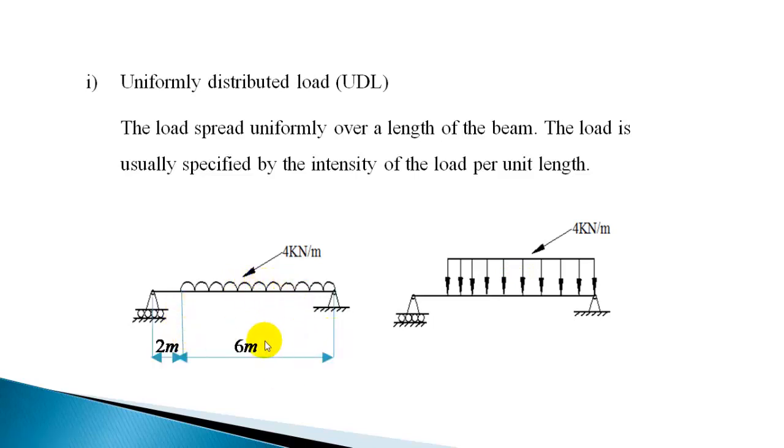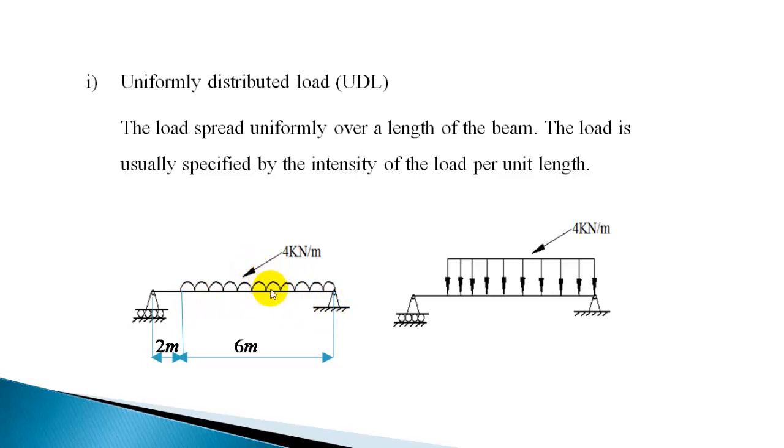Suppose the load is acting over 6 meters. This 4 kilonewton per meter is acting over 6 meters, and then you can replace this load by a point load for the purpose of obtaining the reactions at the supports. That is only for finding the reaction, considering the equilibrium and the stability of the beam.